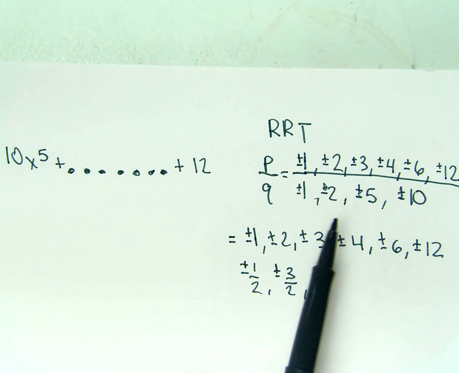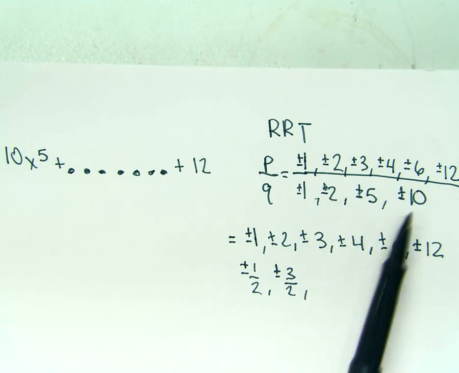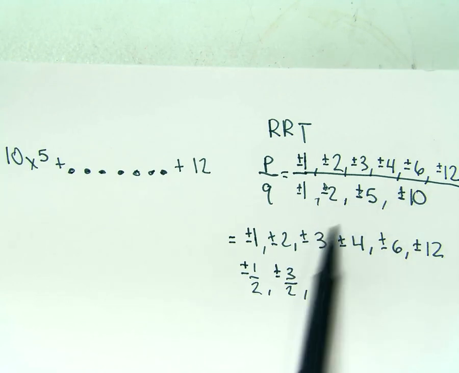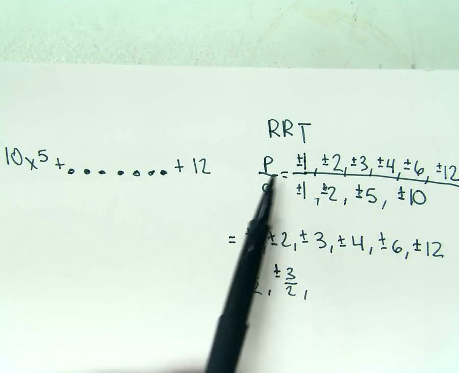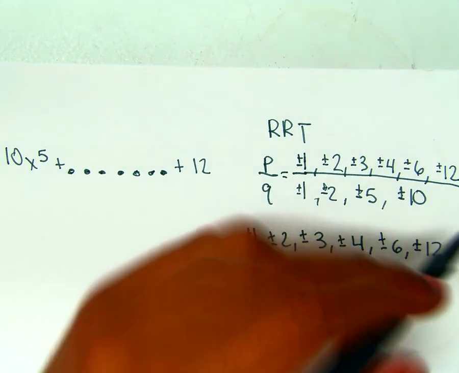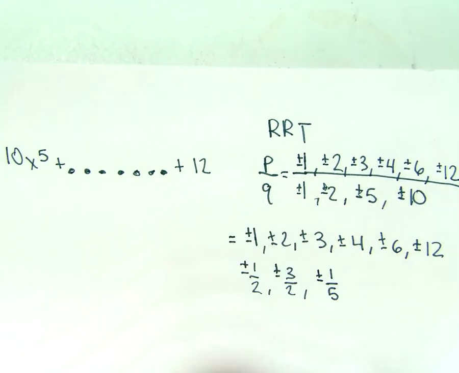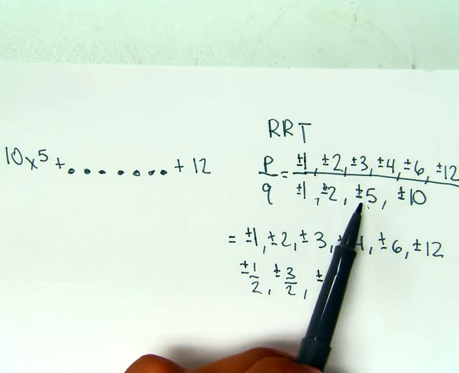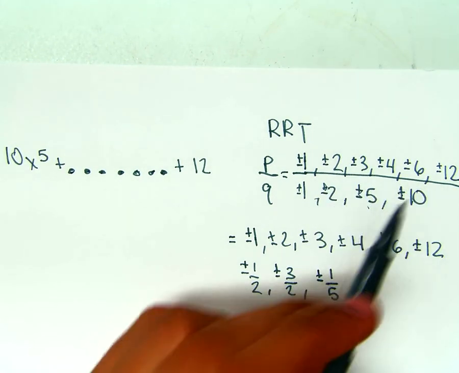Okay. 4 divided by 2 is what? 2. 6 divided by 2 is? And 12 divided by 2 is? We already have all those. Okay. So now we're going to do everything divided by 5. So we can get plus or minus 1/5, plus or minus 2/5, plus or minus 3/5, 4/5, 6/5, and 12/5.